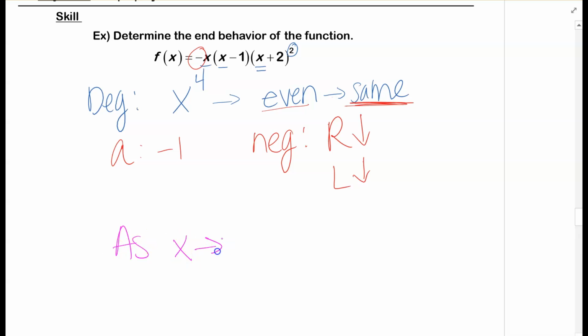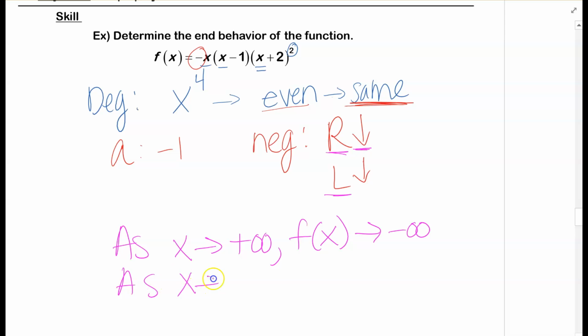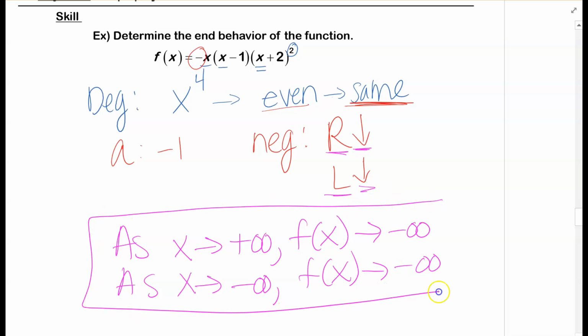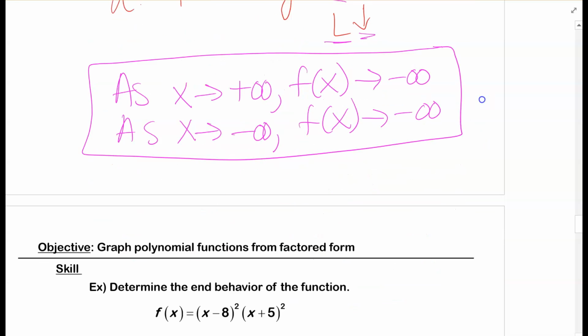As x approaches my right side, positive infinity, the function approaches down, negative infinity. As x approaches the left, negative infinity, the function approaches down, negative infinity. So that's my end behavior.